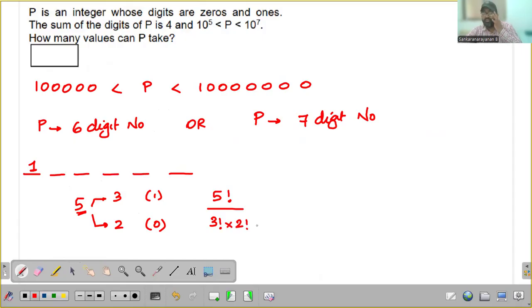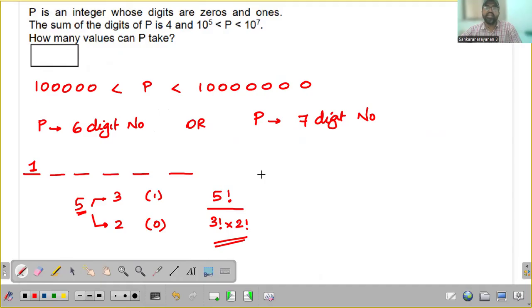Recall the examples we did, Mississippi, assassination, mathematics, where some letters get repeated. Here only zeros and ones are there. Totally there are 5 digits available, 3 ones and 2 zeros need to be arranged. It is 5 factorial by 3 factorial, since 1 is repeated 3 times, and 2 factorial, since 0 is repeated twice. So this many ways you can handle case number 1.